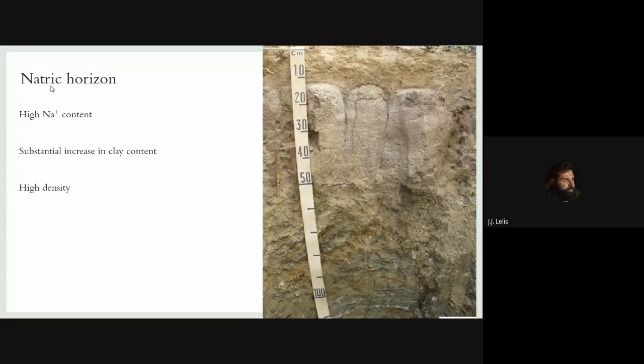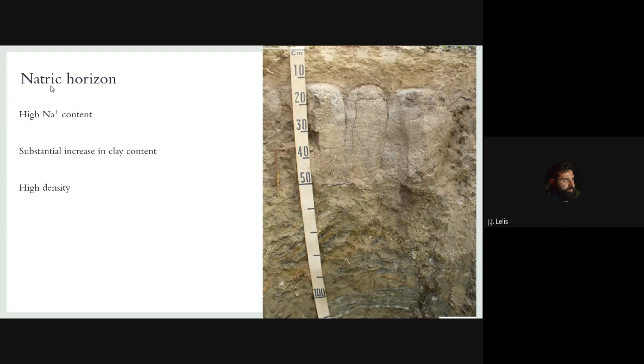Another diagnostic horizon that's quite important is the natric horizon. And as the name says, the natric horizon possesses a high sodium content, okay? The natric horizon is a mineral subsurface horizon that possesses a high content of sodium and a substantial increase in clay content.